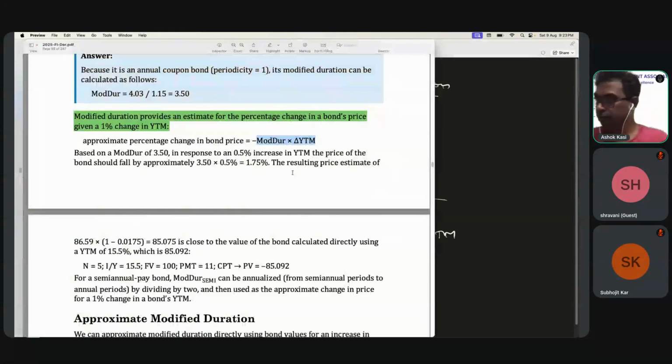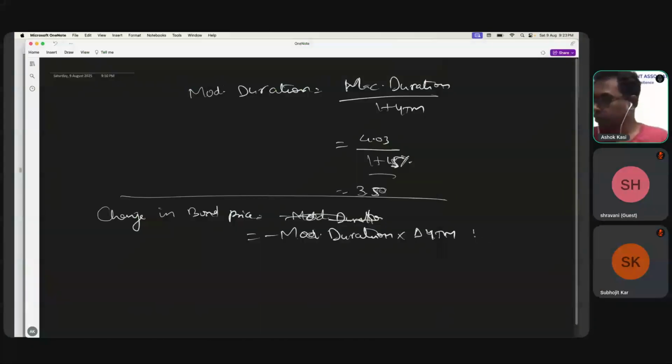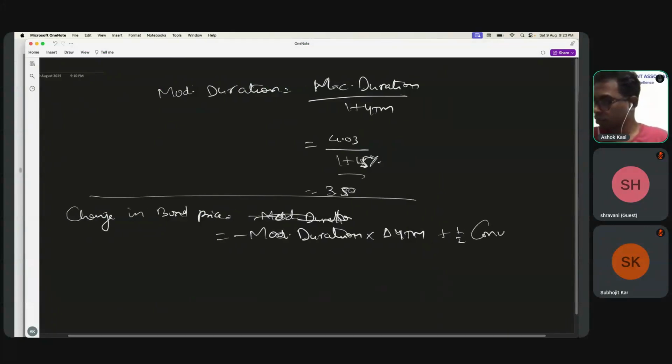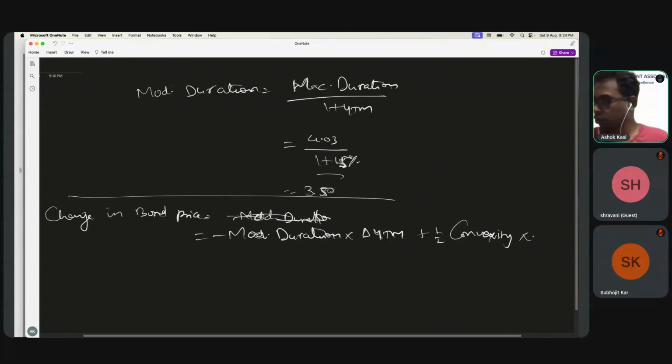So that means I'm ignoring what? Convexity, convexity into delta YTM square.